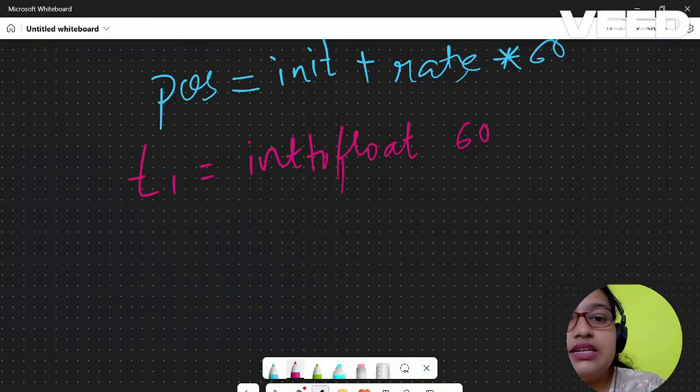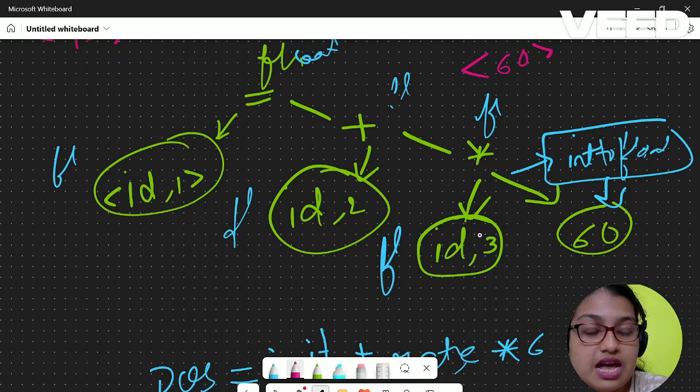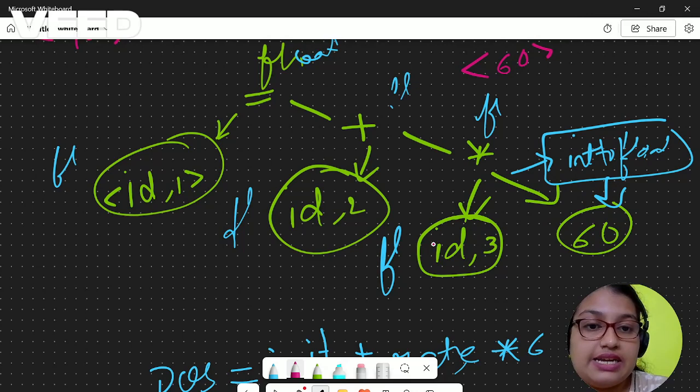Then I have another variable t2. Again, I'm looking at the tree. This part is over. Then I can say id3 into float 60.